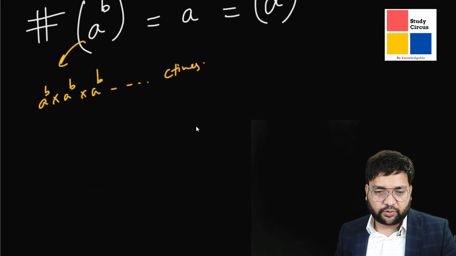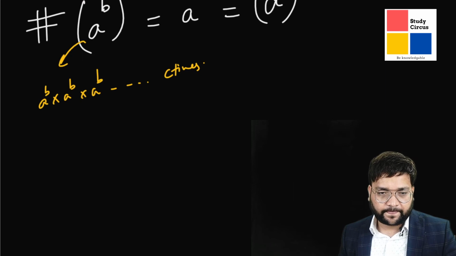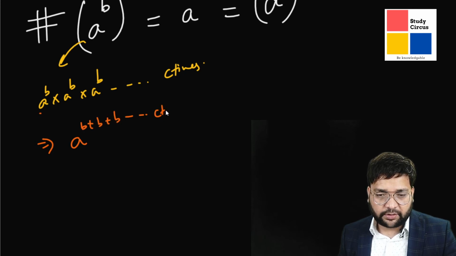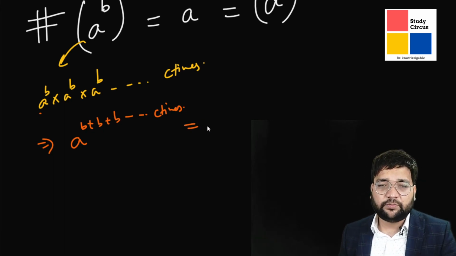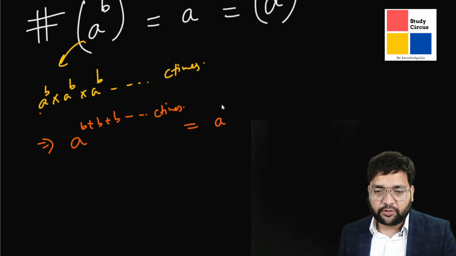So here, the base is the same, a, so this is going to be b plus b plus b, c times. That is multiplication, b into c, so a to the power b into c, and b into c is the same as c into b, is it not?